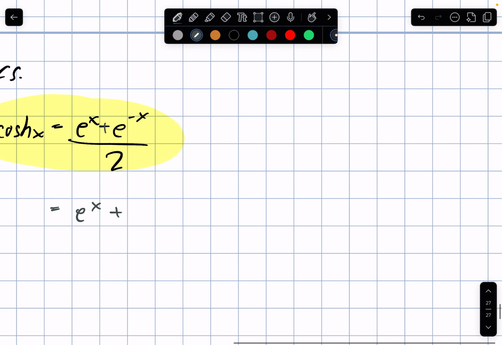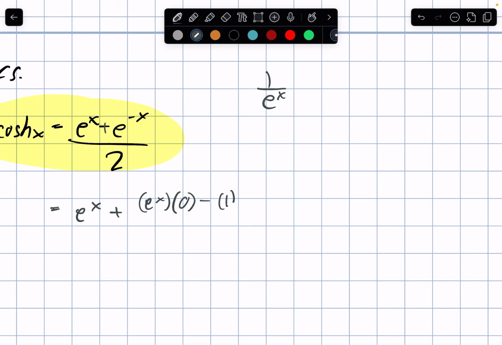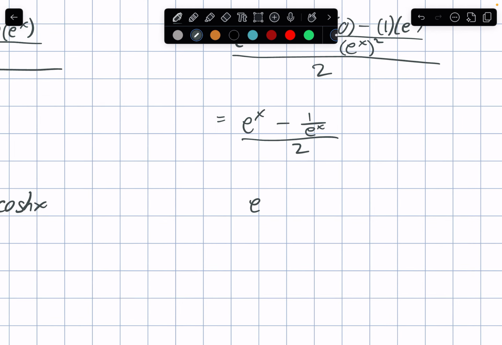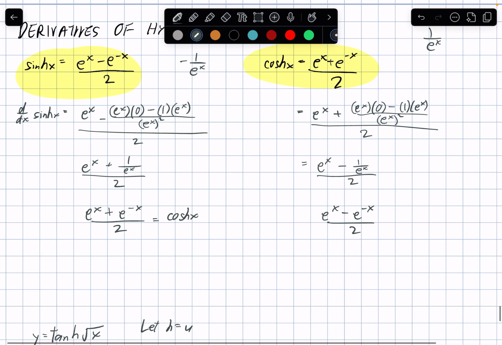What is the derivative of e raised to x? So apparently it's the same as sinh x.